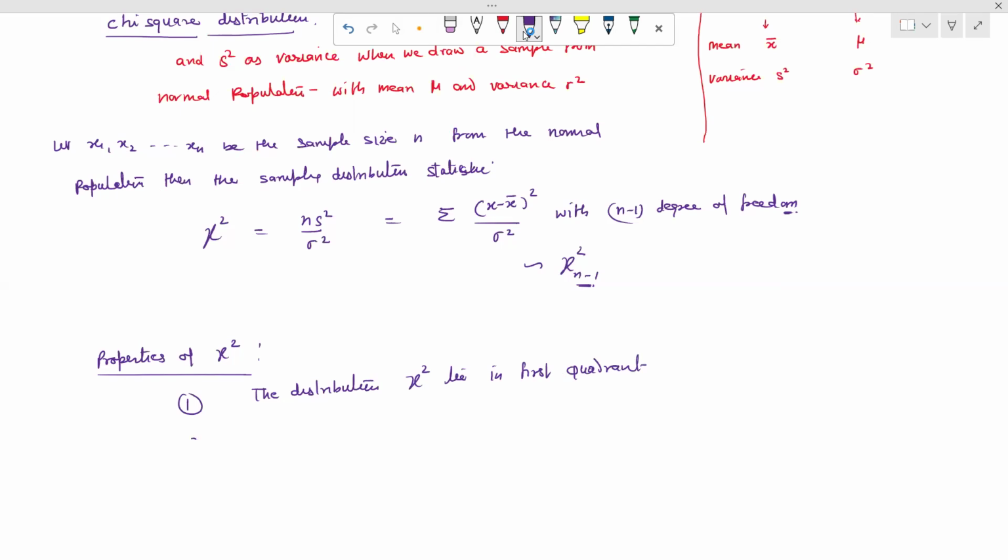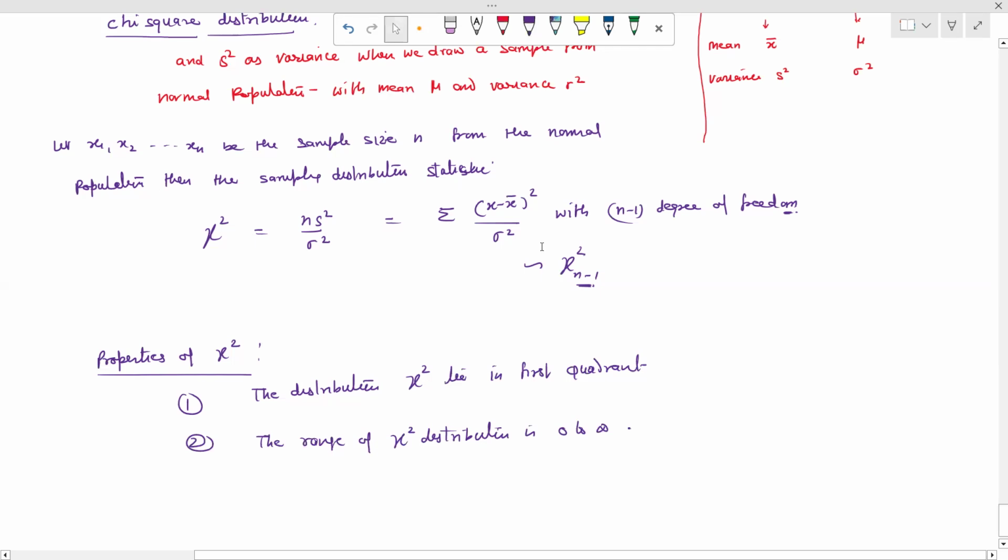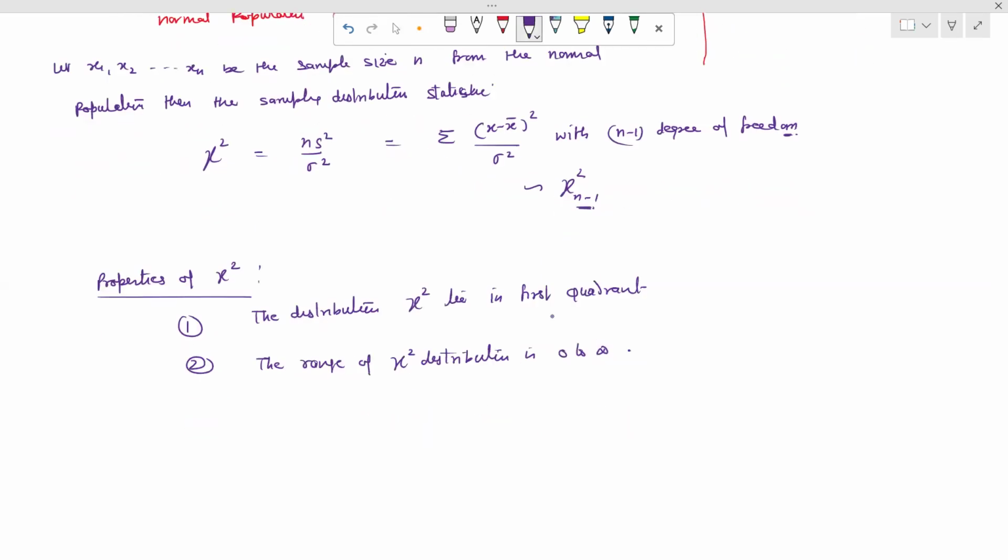Second, the range of the chi-square distribution is 0 to infinity. Now, this distribution has a unique mode, a single mode. That means a unimodal curve.